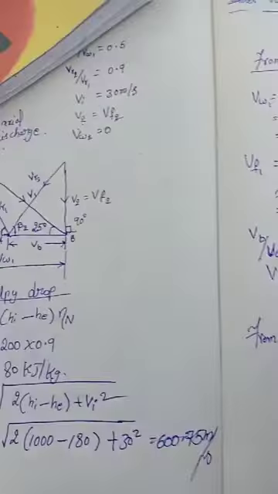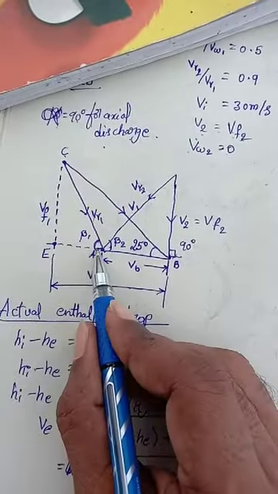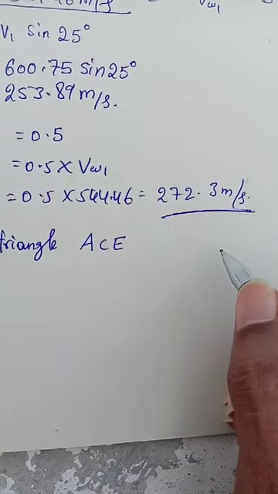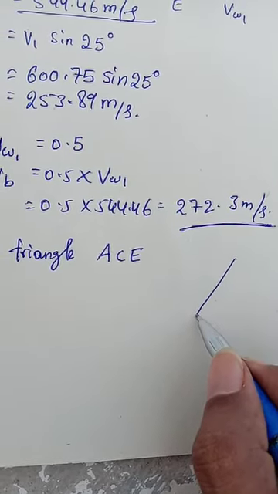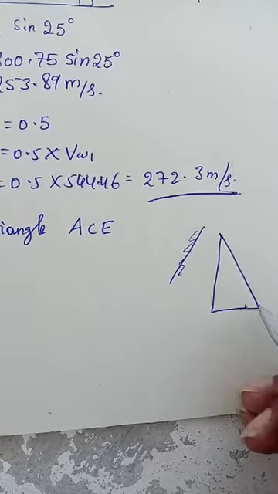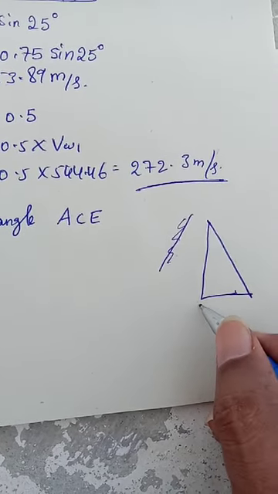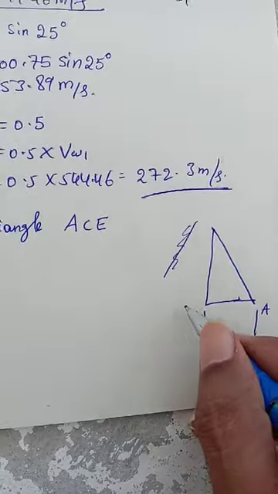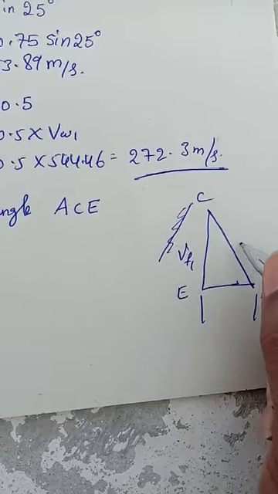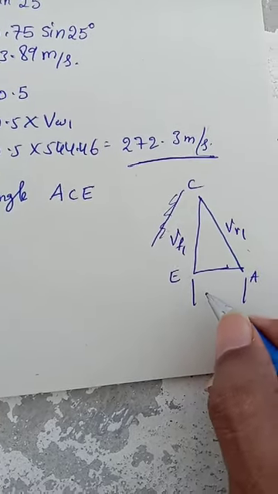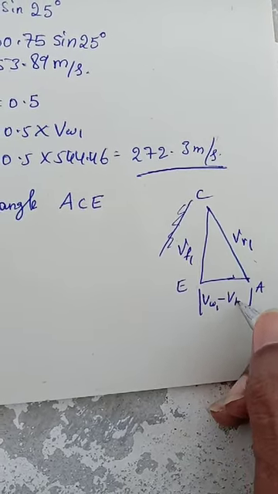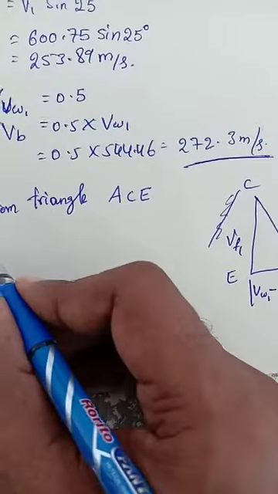Okay, now here look at this, point A, point C, point E. I draw here, yes, it will take like this. Now this is A, this is E, this is C, this is VF1, this is VR1, and then this is coming from VW1 minus VB.